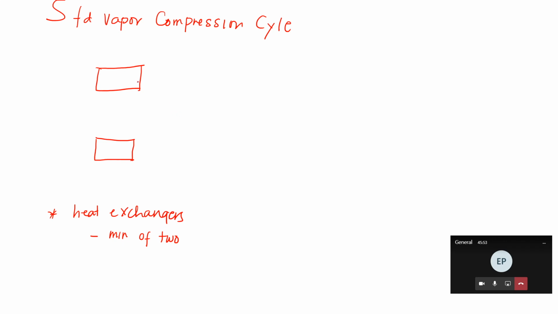So I will try to put a name on this heat exchanger. I want to call this the condenser. And this one is called the evaporator. It's a lot easier to understand this when you see the root word. For example, condenser, condense, meaning from vapor to liquid.